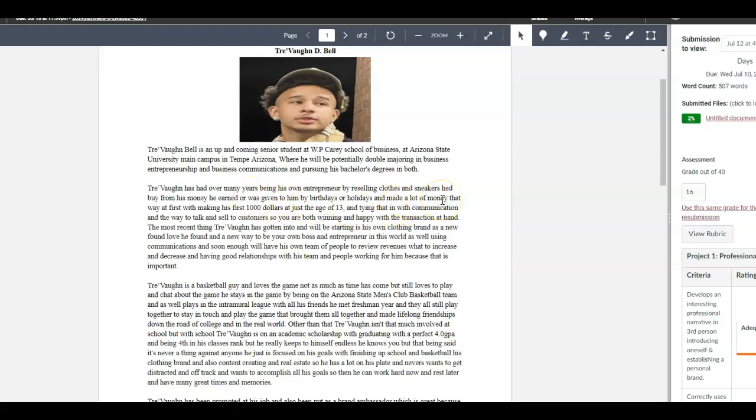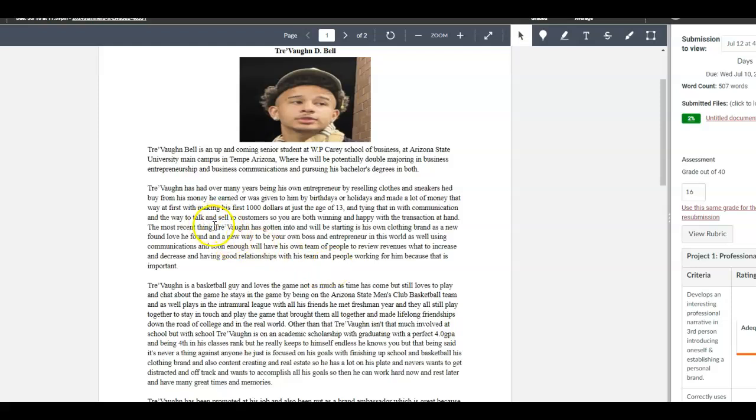So this isn't professional. This is talking about when you were young. This isn't mentioning the professional experience that you've had, and tying that in with communication and the way to talk. It's just the writing. Read over your writing out loud, and if you're bumping up or tripping over the words, that's telling you that the sentence structure needs some work.